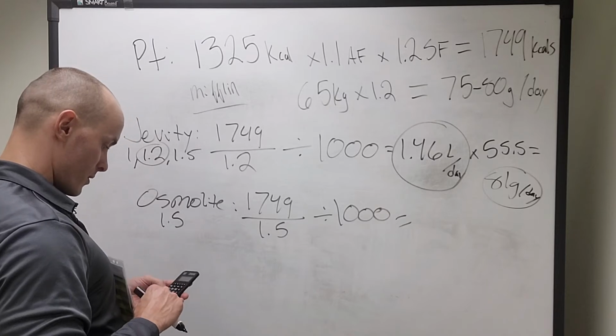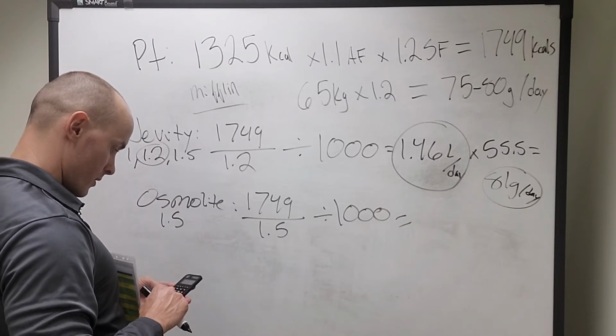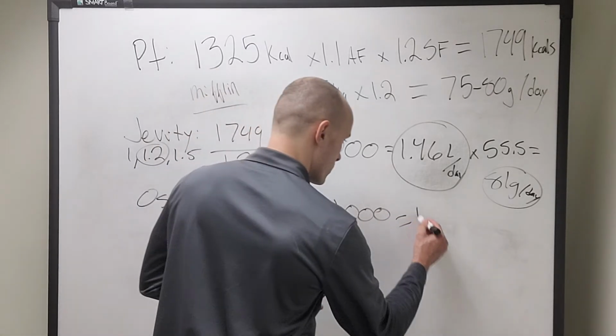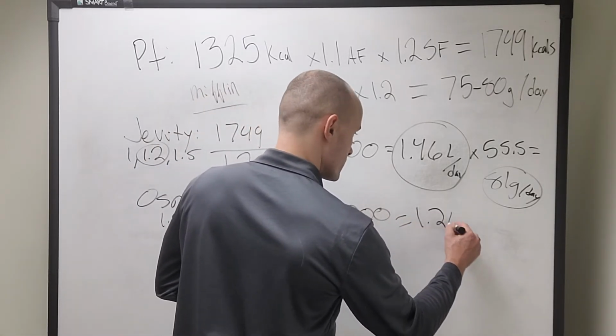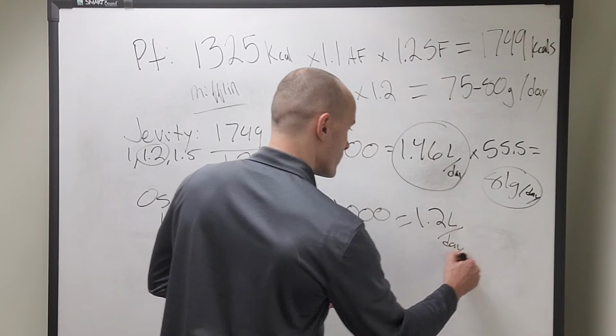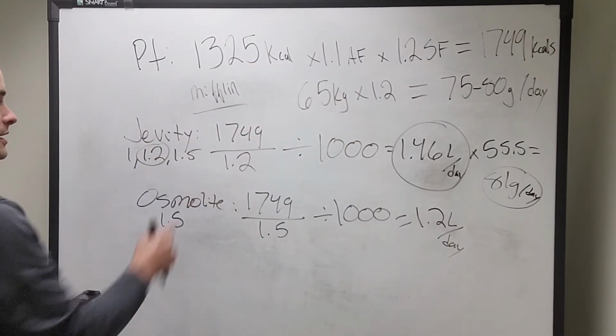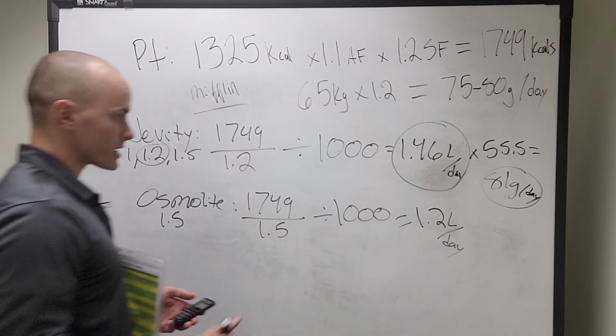1749 divided by 1.5 divided by 1,000 gives you 1.2 liters per day of Osmolite will provide 1749 kcals.